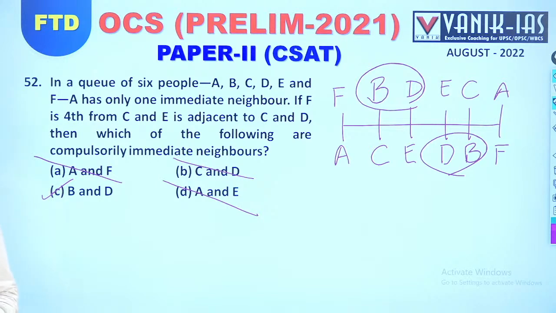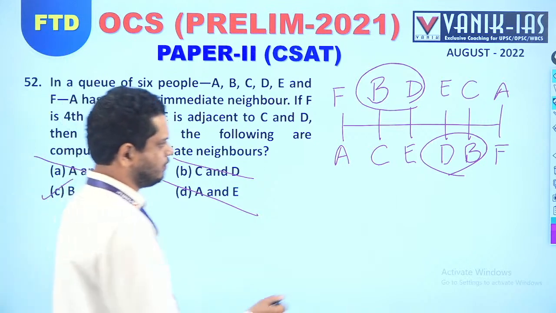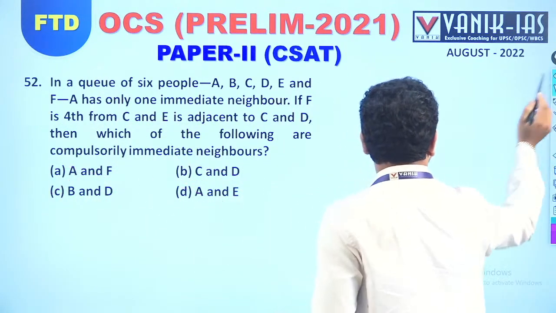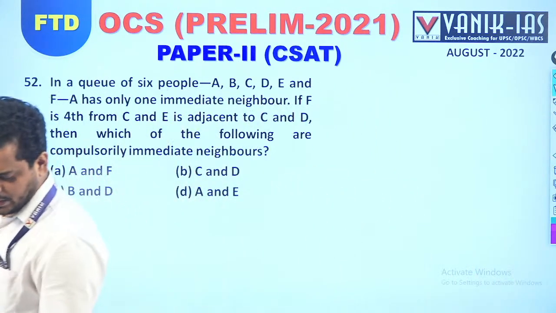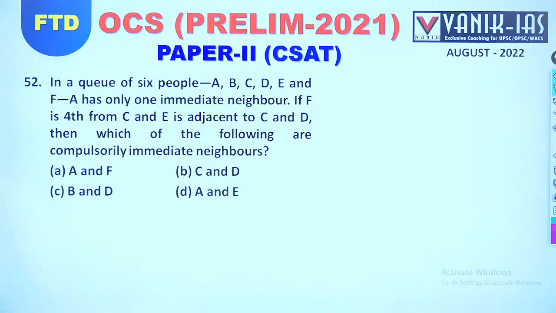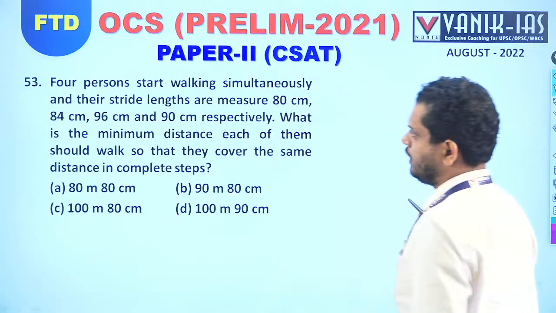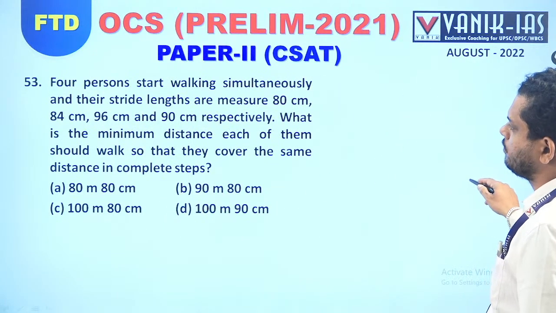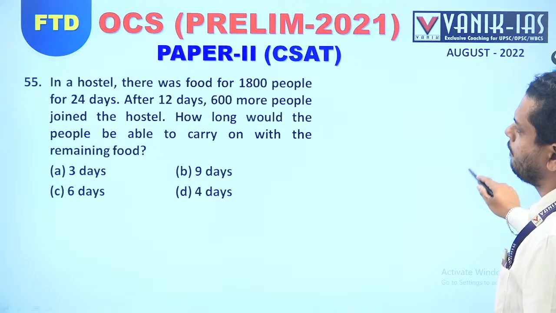We'll move to the next one. The very next question from the reasoning side, 52 is over, then 61, because the very next questions are from the mathematics segment.